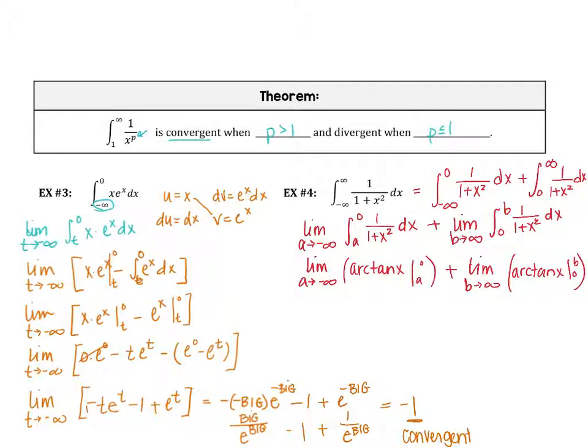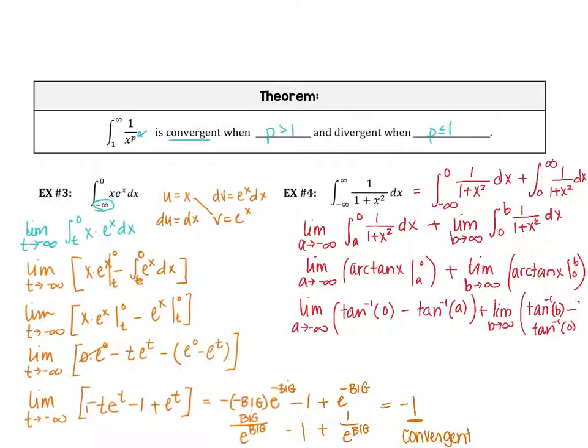All right, so if we start chunking in values here, we have the limit as a approaches negative infinity of arctan at 0, well, inverse tangent at 0 minus inverse tangent at a, and then plus the limit as b approaches positive infinity of basically the same thing. We have the inverse tan of b minus inverse tan of 0.